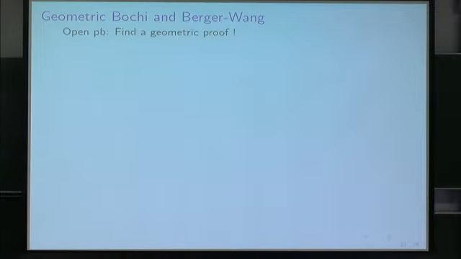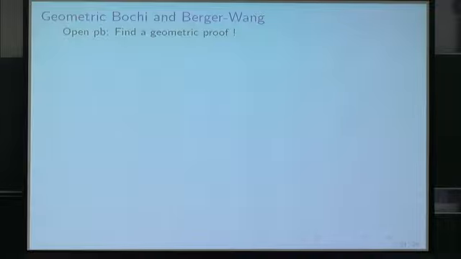Even if you go back to Parrot's theorem that I talked about earlier, that if you have a group of isometries of a building, all of whose elements are elliptic, then it has to fix a point, there's no geometric proof. In particular, I don't know if it holds for all affine buildings.